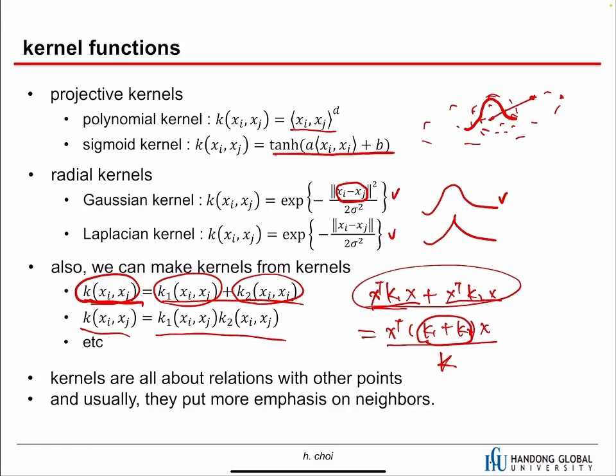So in the Euclidean distance, these two distances are completely different. But in the kernel values, this one is almost the same as 0 and this one is almost the same as 0. So we don't care much about the data samples that are far from us, and we focus on the neighbors. That's what kernel functions usually do.